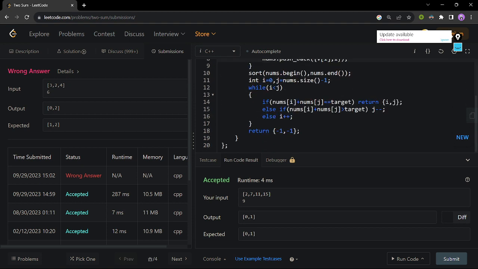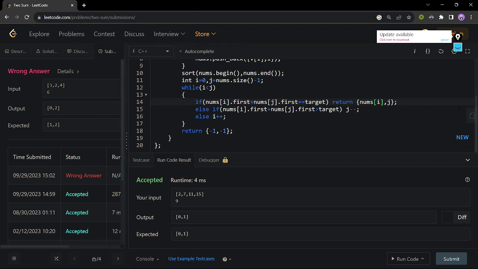After that I will return here. I will check nums of i dot first, nums of j dot first. After here I will change nums of i dot second, also I'll change nums of 0 dot second.